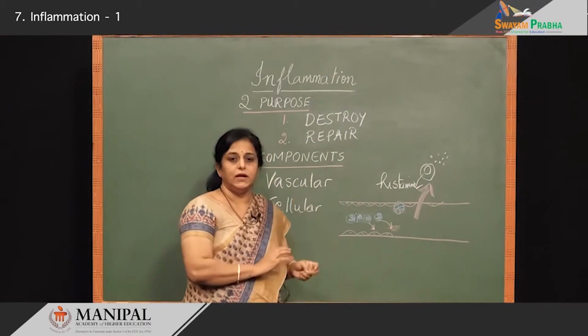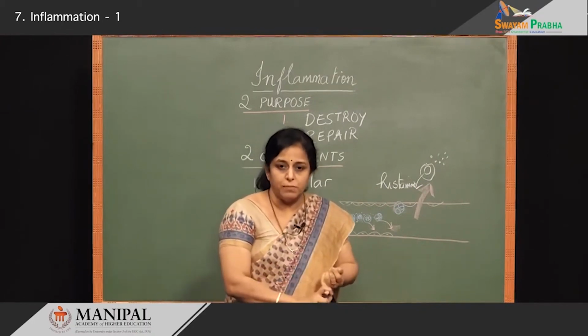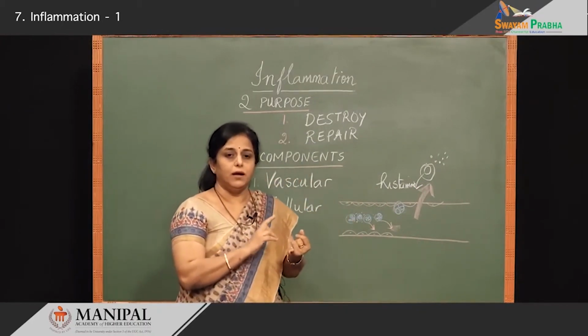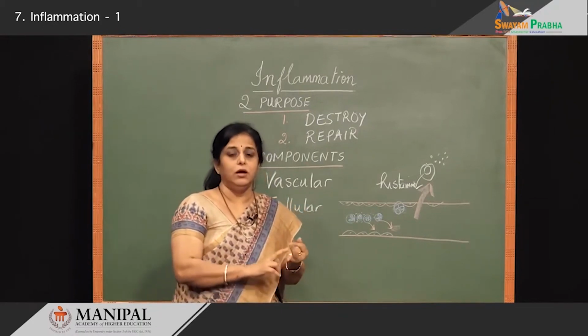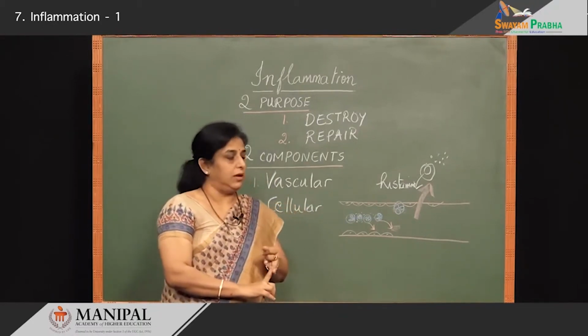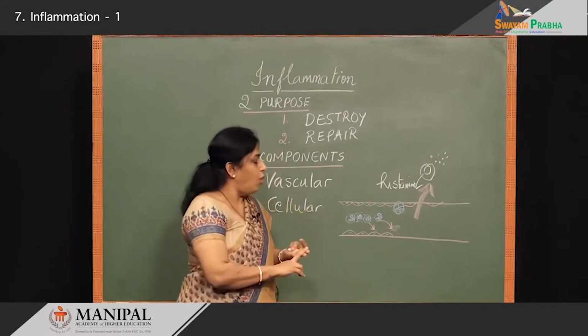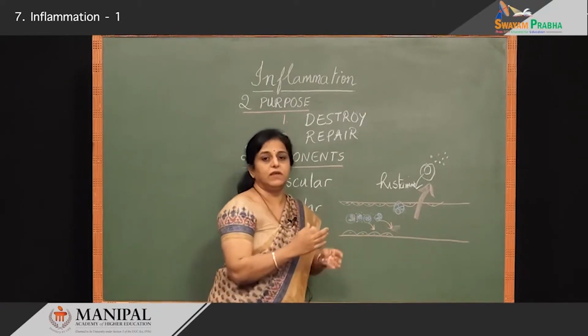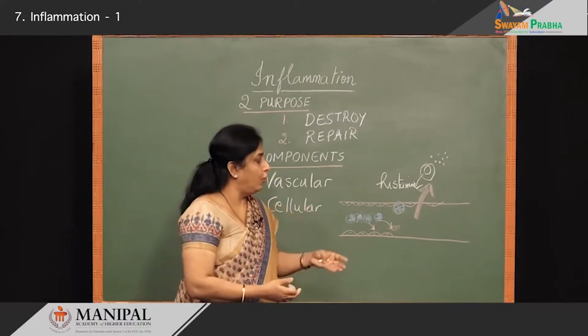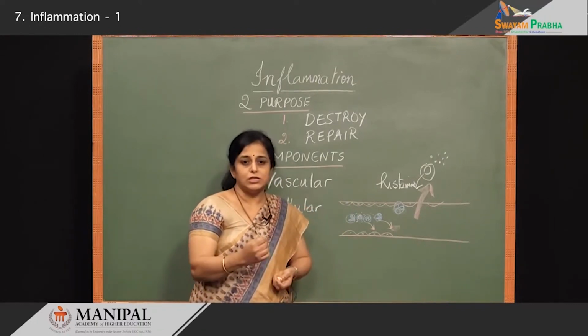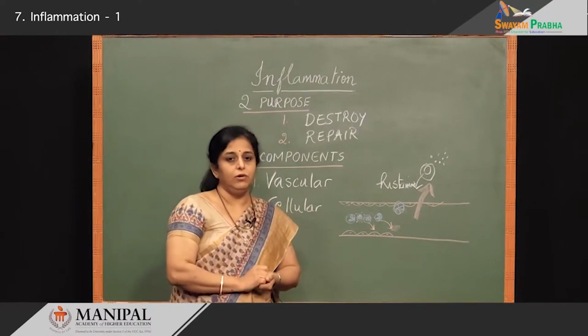Now, this is what we learnt in the last class. To summarize the vascular events, we learned number one is vasodilatation, number two is increased vascular permeability, number three is stasis. So, all these are contributing to the cellular events that are going to follow in case of inflammation. So, let us move on to learn about the cellular events.